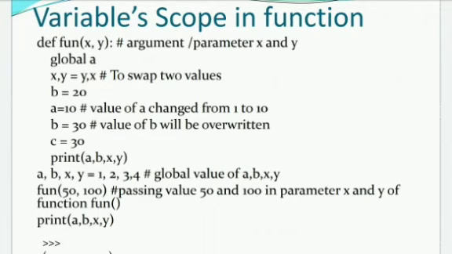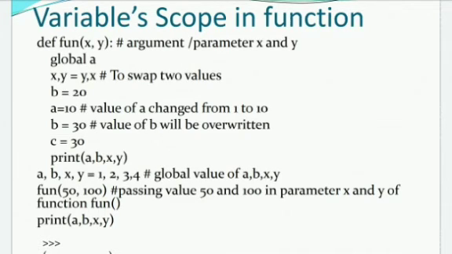The values are passed to the function, and x, y = y, x is simply swapping the values. In x it is storing 100, in y it is storing 50. Then a is equal to 10. We are changing the value of a from 1 to 10.